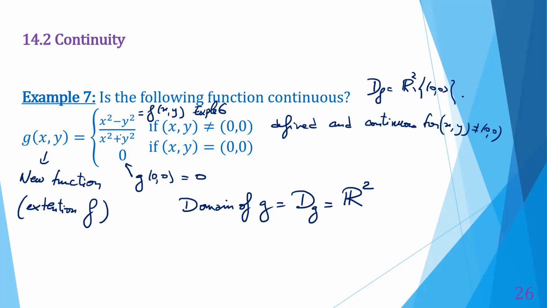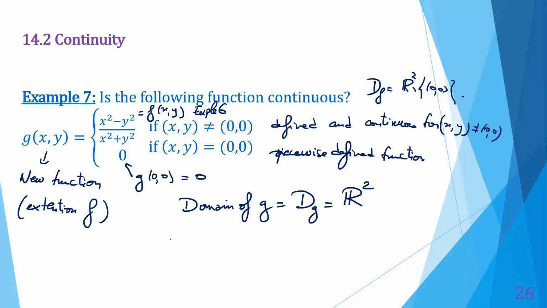Okay, so this function has different expressions depending on whether the input is 0, 0 or not. So you have a piecewise defined function. So the question, now this function is defined on R2. The question is, is it continuous on R2? Is it continuous at 0, 0?